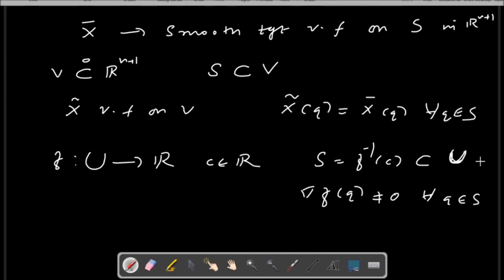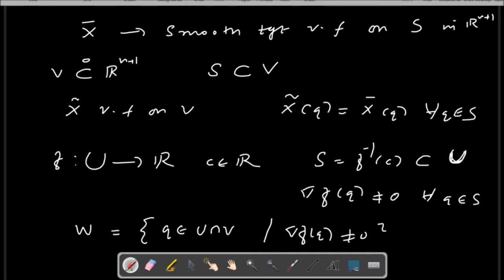So U intersection V, if you take, S will be coming inside that U and V. Why? Because this is a common part of U and V. So if you take the intersection, S will also come inside that, correct? So I'm going to define W in such a way that the set of all q element of U intersection V such that del f of q not equal to 0.